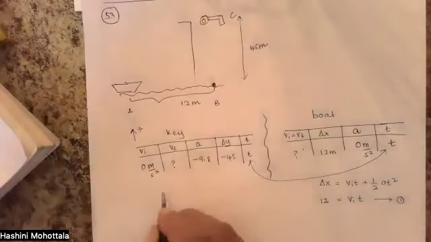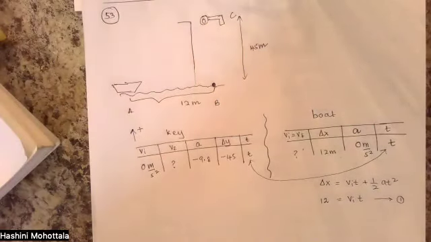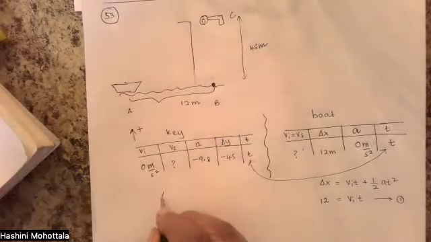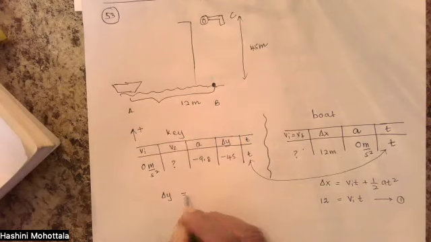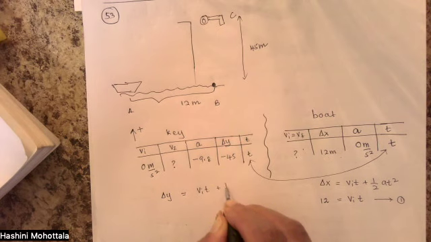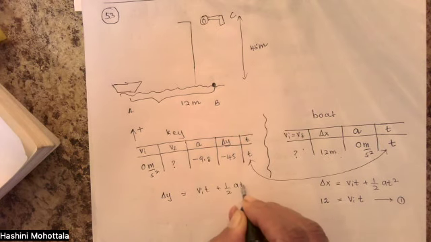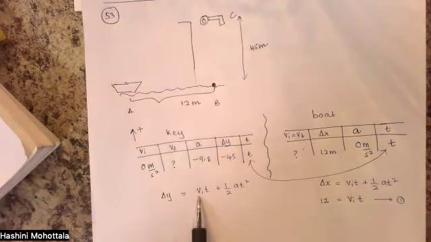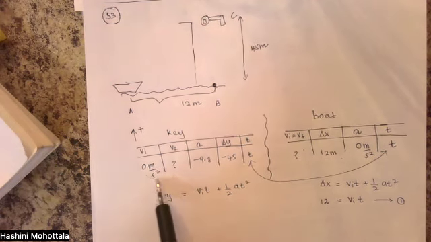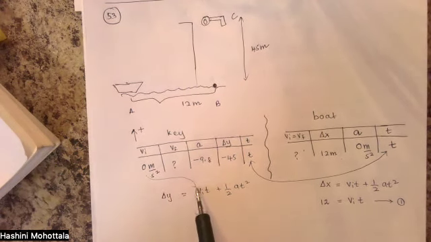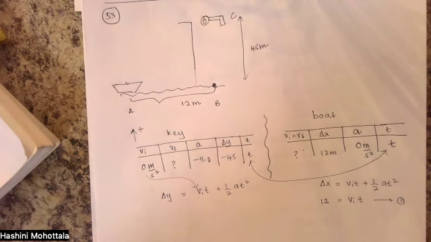And for the key, we have, as I said, a lot of information. But again, we can use the same second equation, V_i t plus 1/2 a t squared. Immediately the first term goes away because V initial for the key is 0.